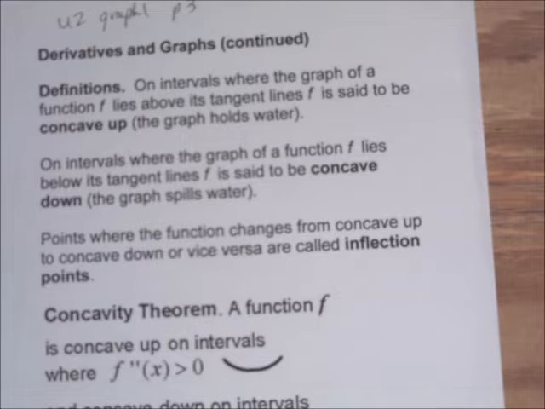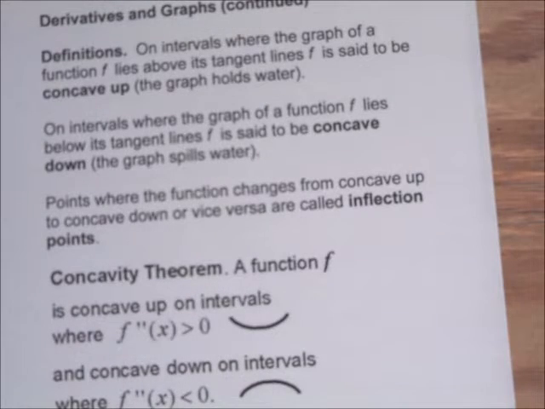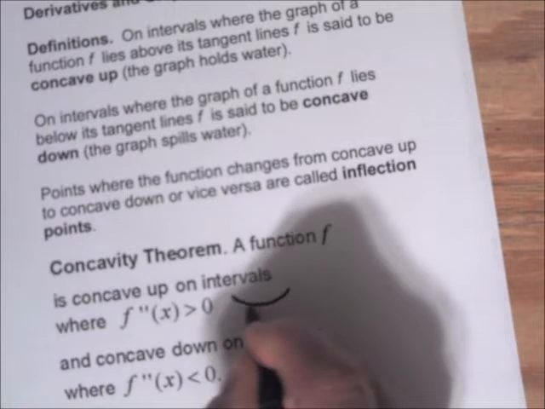One way of defining concavity is in terms of the tangent lines. On intervals where the function lies above its tangent line, the graph is said to be concave up. On intervals where the function is below its tangent line, the graph is said to be concave down. So if you draw the function at this point here, here are the tangent lines.